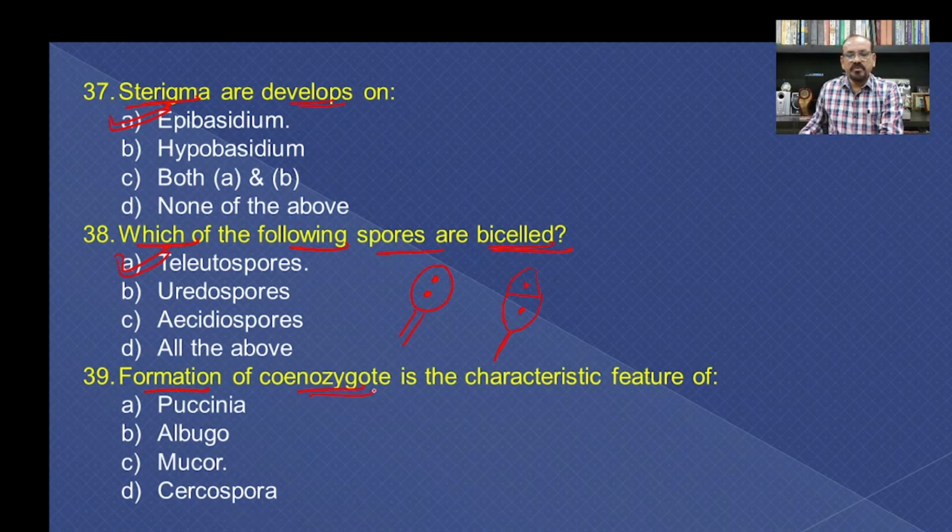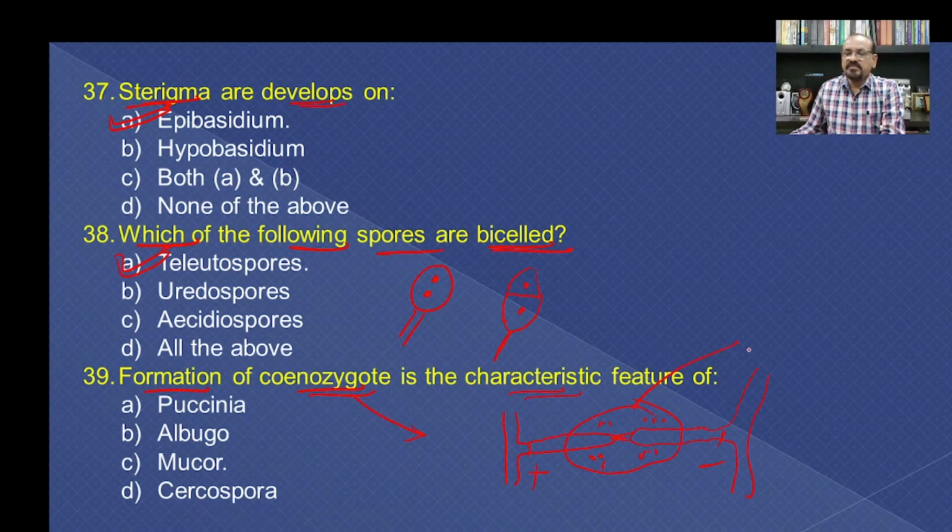Then, formation of coenozygote is the characteristic feature of. Coenozygote means the combination of many zygotes. In Mucor, when there is formation of gametangia from progametangia and there is union of these gametangia with each other, one of the plus strain and another of the minus strain, and when they fuse together, the nuclei from the plus strain and the nuclei from the minus strain fuse together.